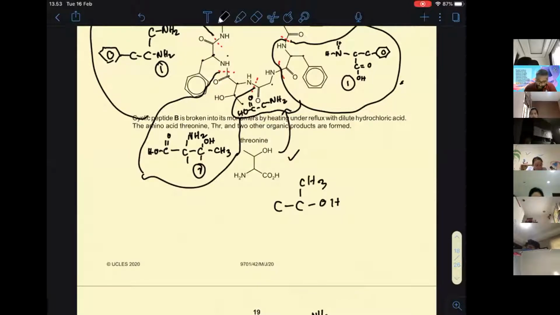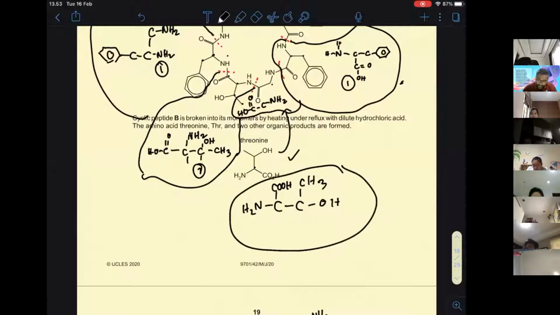Then this carbon is bonded to COOH and then NH2. This structure does not belong to this. I think this structure is similar to number 2.